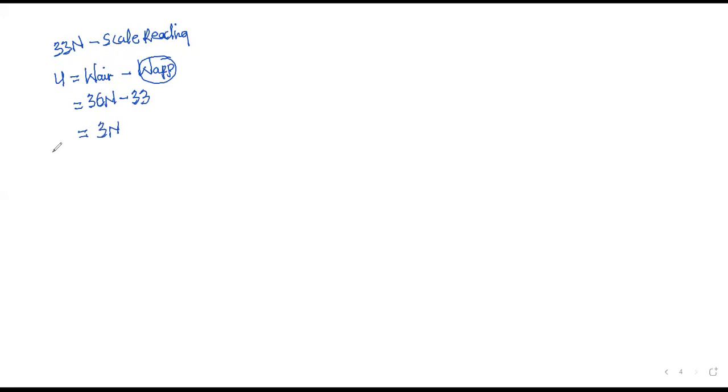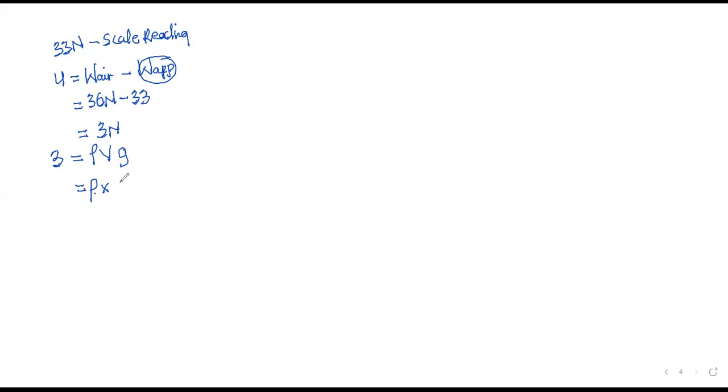Now, the same upthrust is equal to the weight of fluid displaced. So density of the fluid times volume of the fluid displaced times gravity. In this particular question, the density of the fluid is what we are looking for. So rho is not known. The volume of the liquid displaced is equal to the volume of the object because the object is fully immersed in the liquid.